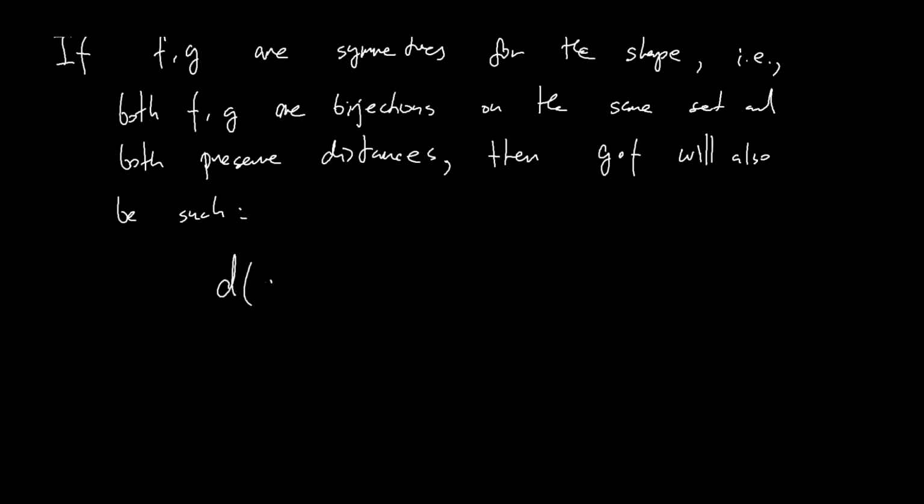So the distance between a_i and a_j will equal the distance between f(a_i) and f(a_j), because f is a symmetry, because f preserves this distance.